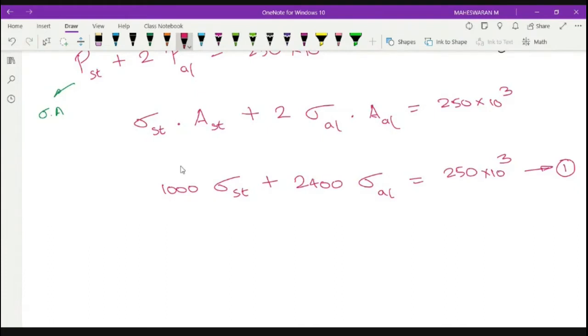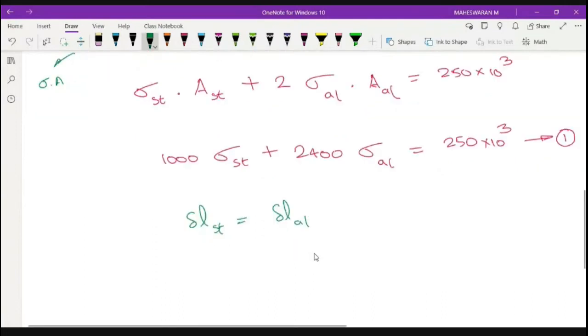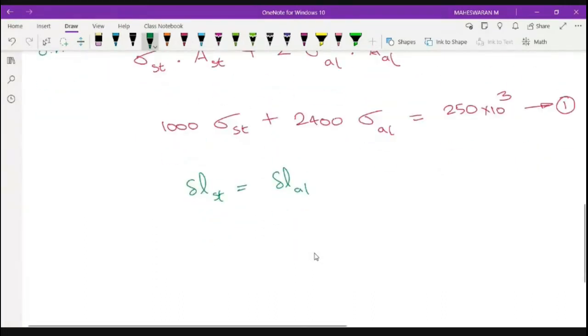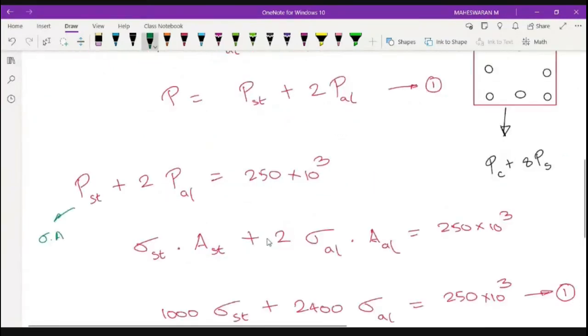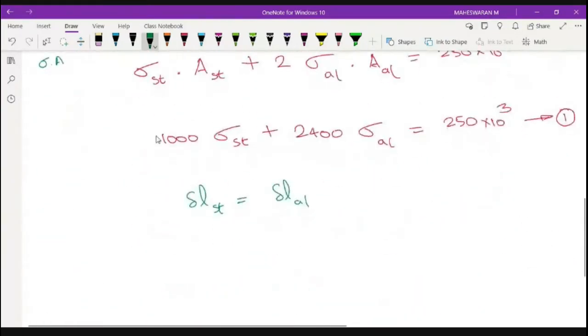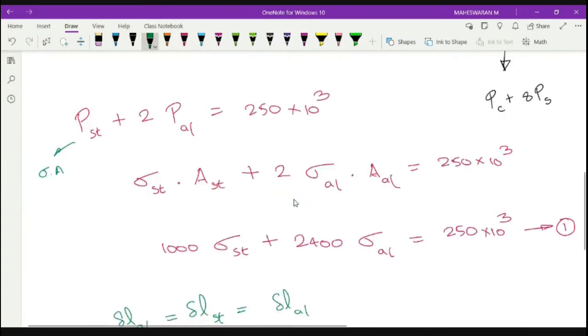The next step is I'll go for change in length for steel should be equal to change in length for aluminum. Right? Actually, don't put 2 here. So it has to be like this: change in length for the first aluminum rod is equal to change in length for the steel rod is equal to change in length for the next aluminum rod.